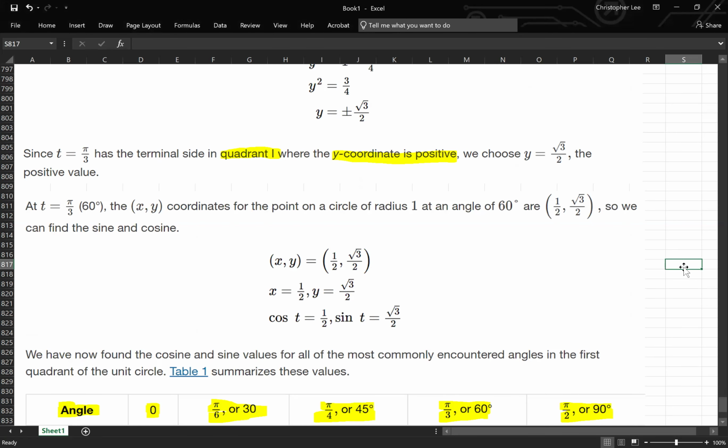So at t equals pi/3, or 60 degrees, the xy coordinates for the point on the circle of radius 1 at an angle of 60 degrees are 1/2 and square root 3/2.